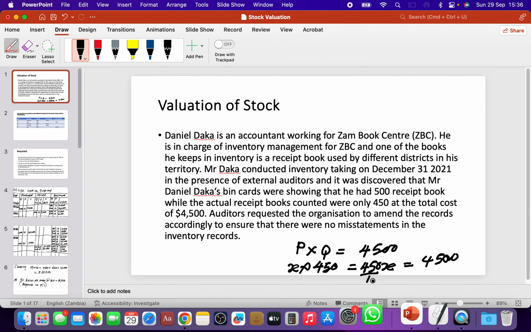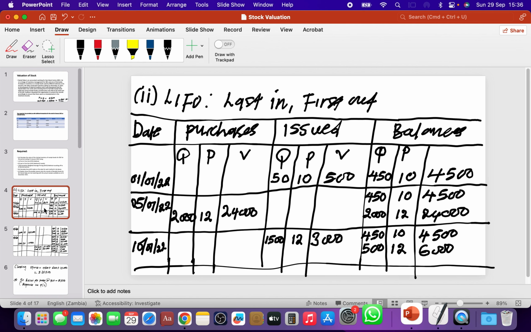We divide this by 450. Therefore, our x is equal to 10. It means therefore that the opening stock is valued at $10. This is the reason why the missing 50 receipt books are valued at $10.